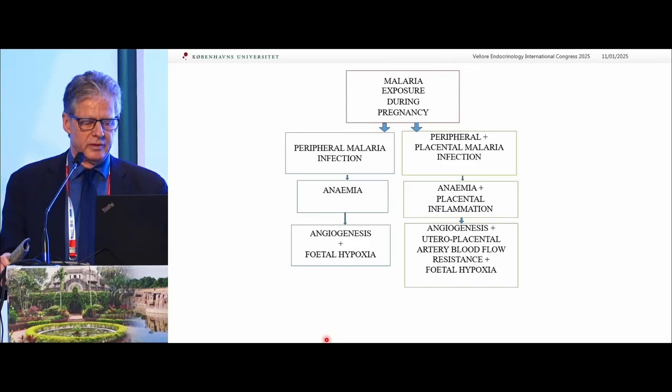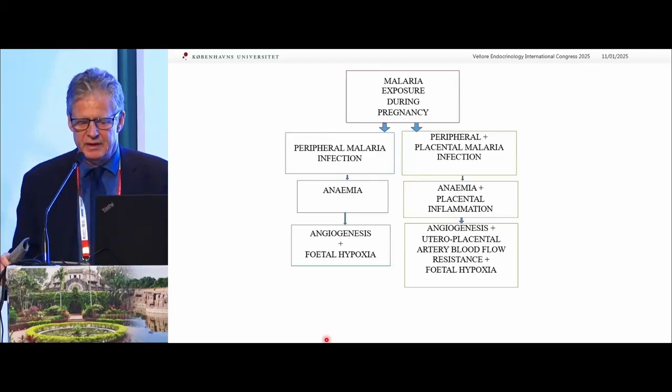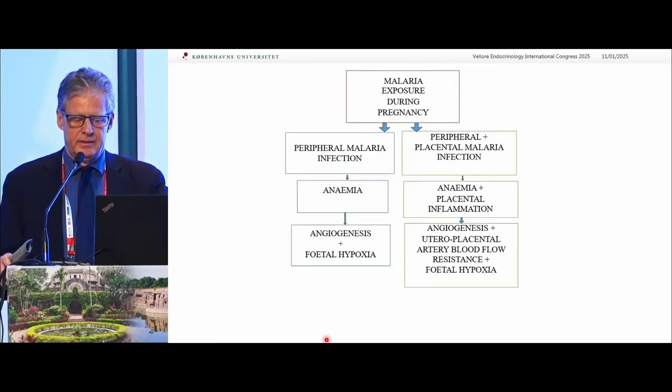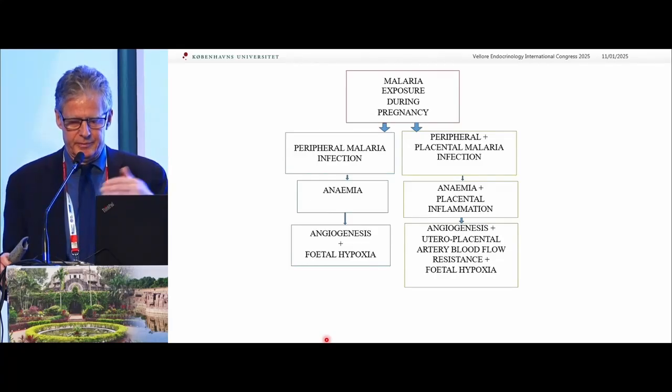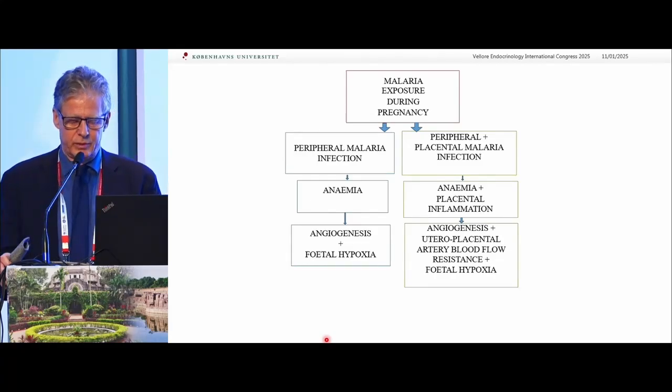And both cause angiogenesis and fetal hypoxia. But if there is malaria infection in the placenta, there will also be uteroplacental artery blood flow resistance, which could make a difference to the amount of blood going to the placenta, going to the fetus.